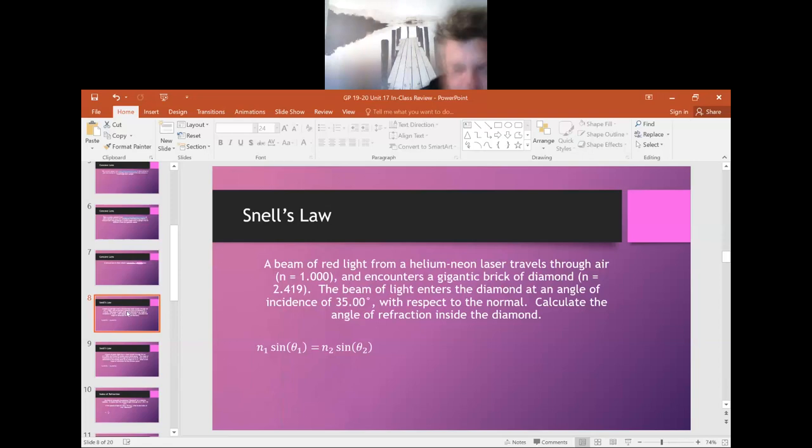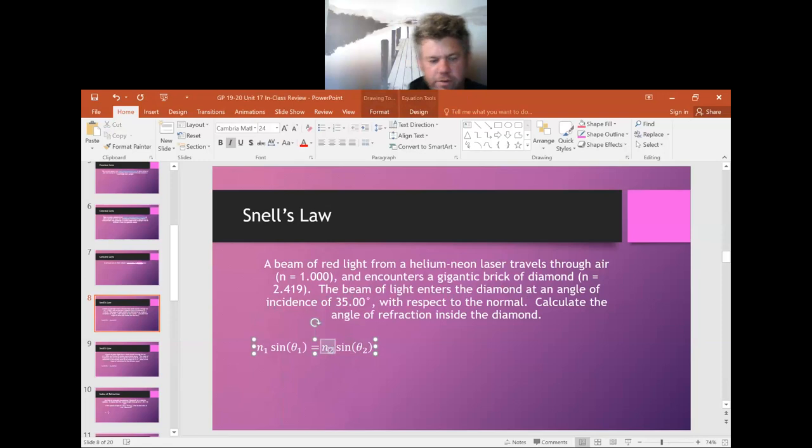Sorry about that. Forgot that was a necessary piece. So what we have is that it enters the diamond at 35 degrees. Here's what we're going to do. Our n1 is going to be the air, so that becomes 1.00 times the sine of theta, where theta is going to be 35.